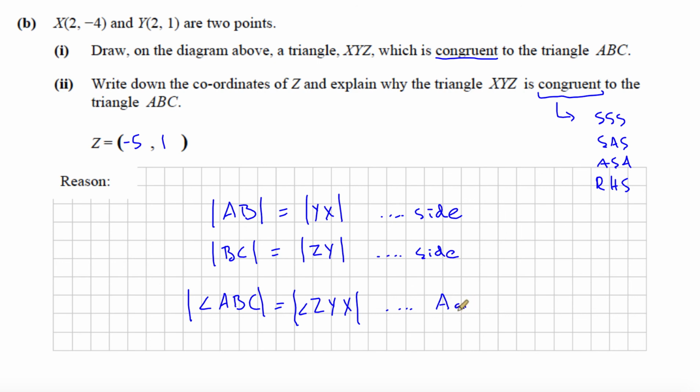So actually what I proved is side, angle, side for congruency, SAS. So that's the end of part B and the end of question 4.